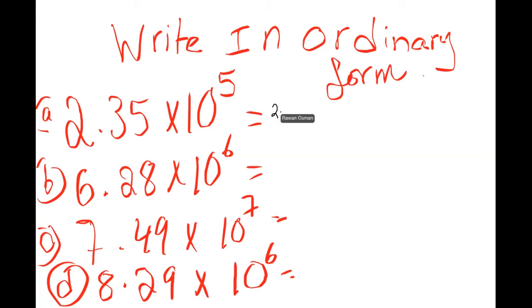It will be 2.35. Yes, because the power is positive, so I have to multiply, and write it in expanded form. 10 power of 5 means 1 and 5 zeros. So in multiplying, I move the decimal point to the right. So let's move it 5 digits.